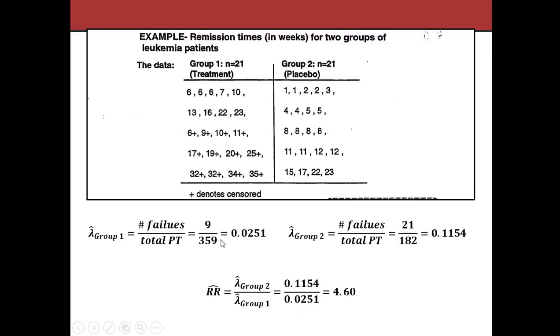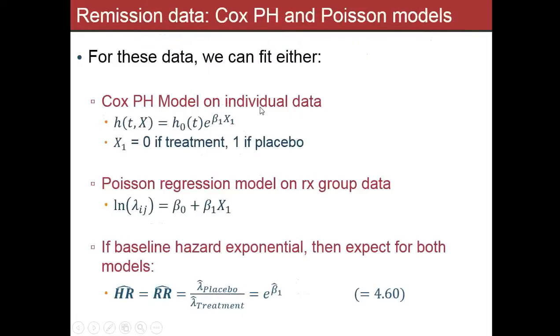This is going to become your offset, log of 359, and 9 is the count in the group. So the count of the failures, though it says failures, and that is incorrect, it should say failures, and the count of that is 9. And this becomes the new data, the grouped experiences of the people.